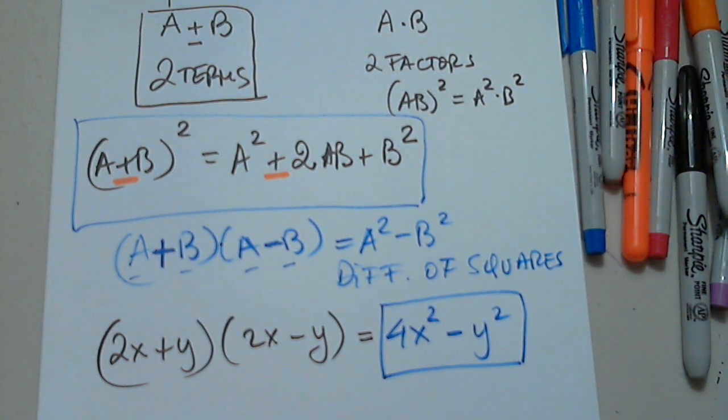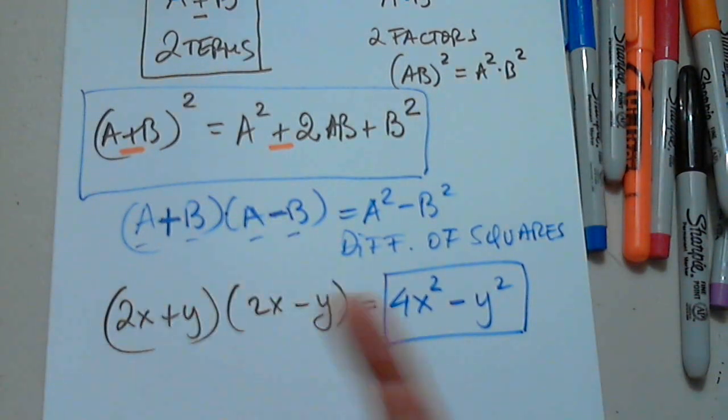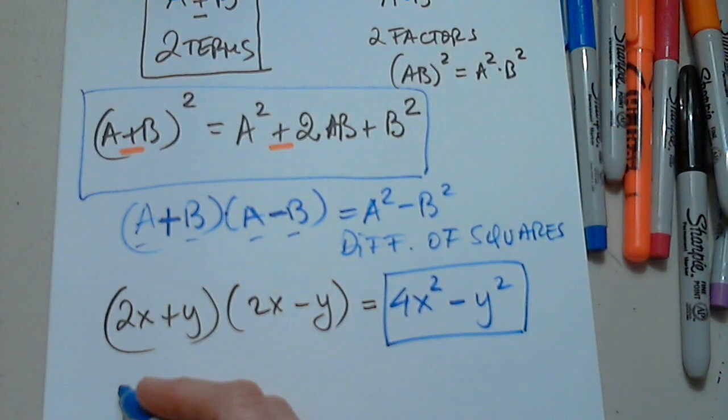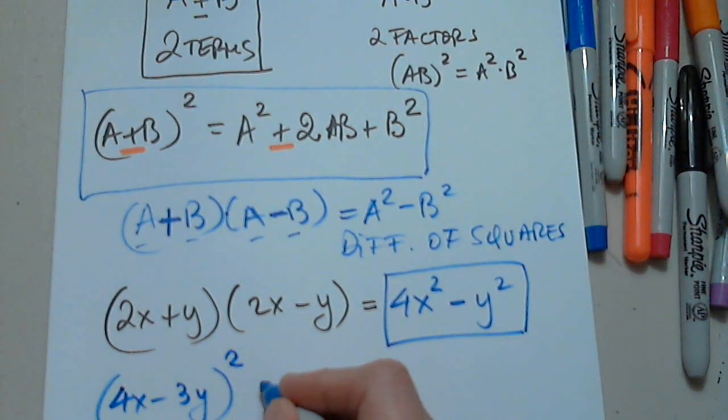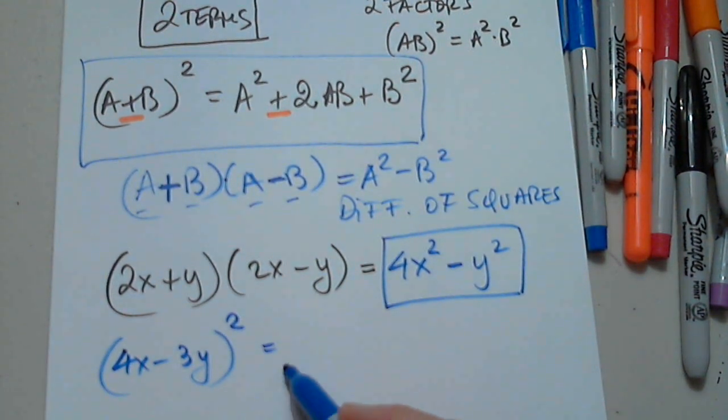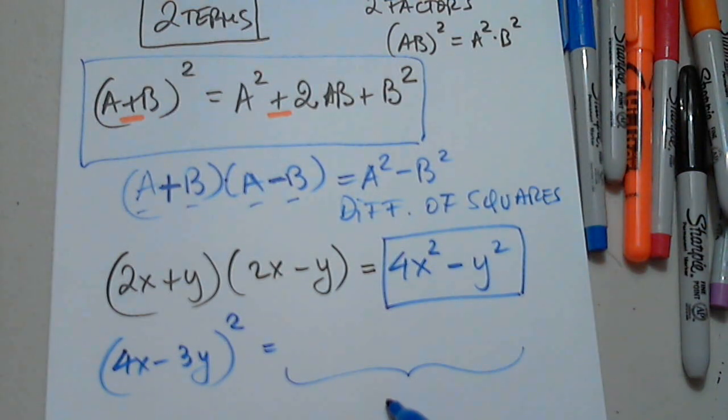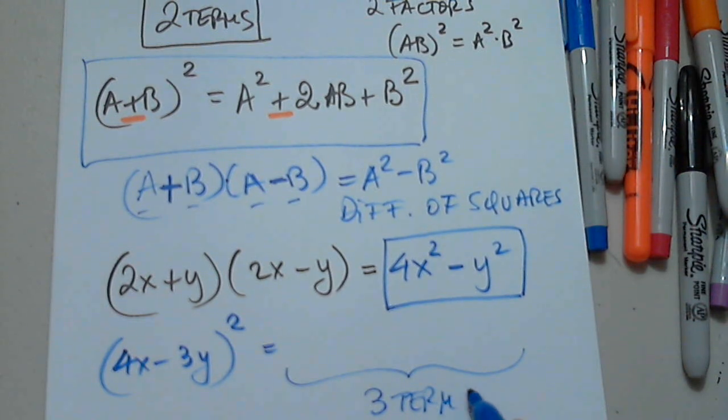Okay, so let's work on one other, but that will be a trinomial. So let's say 4x minus 3y, squared. And the first question is, how many terms will you give me? I don't hear anything. You are muted. 3. Yes, I want you to give me 3 terms.